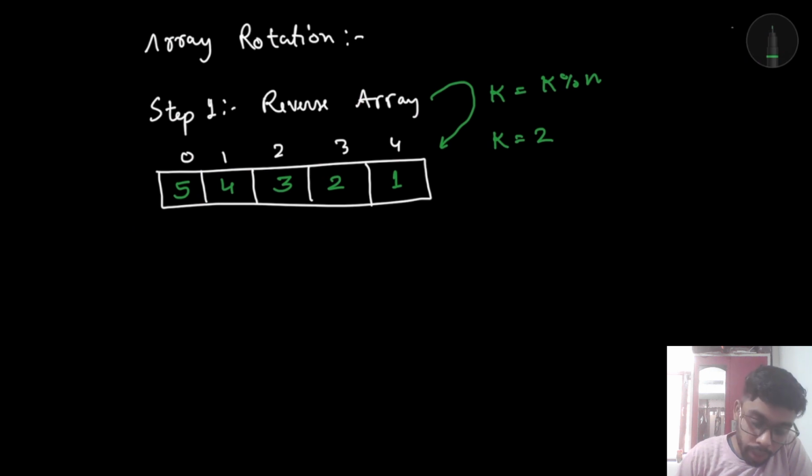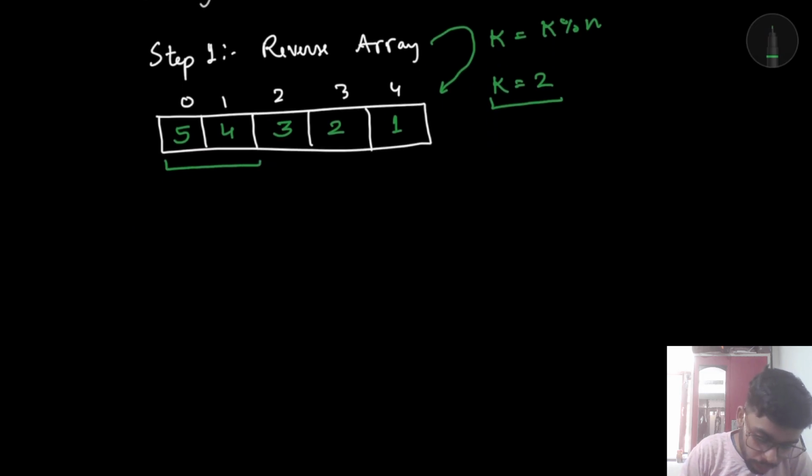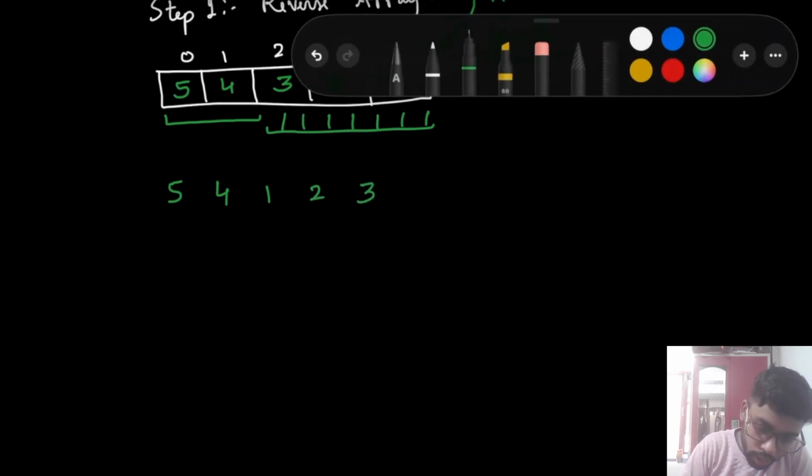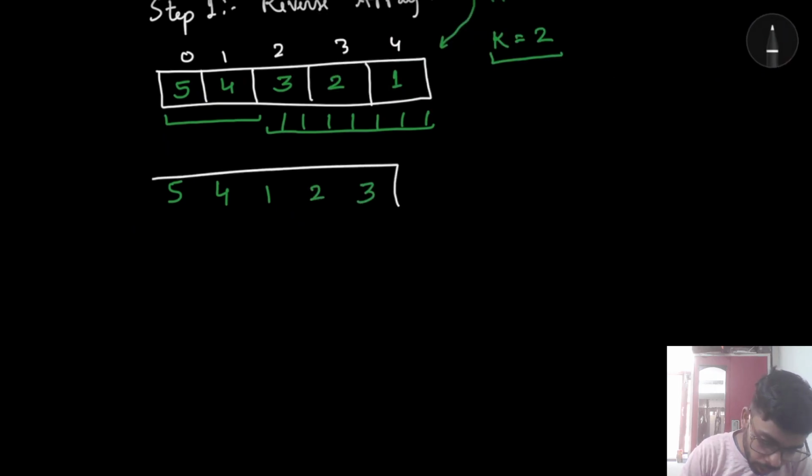So we have to reverse the array, leaving the first two indices. The first two indices will be this, and we have to reverse the remaining part, right? So 5 will be there, 4 will be there, 1, 2, 3. So our array is reversed.